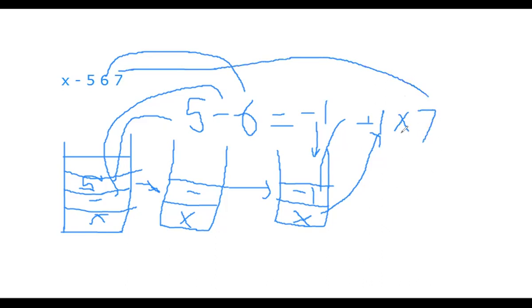Means the operation is minus 1 into 7, that is minus 7. Okay, and at the end the stack will be empty, no element will be there in this stack.